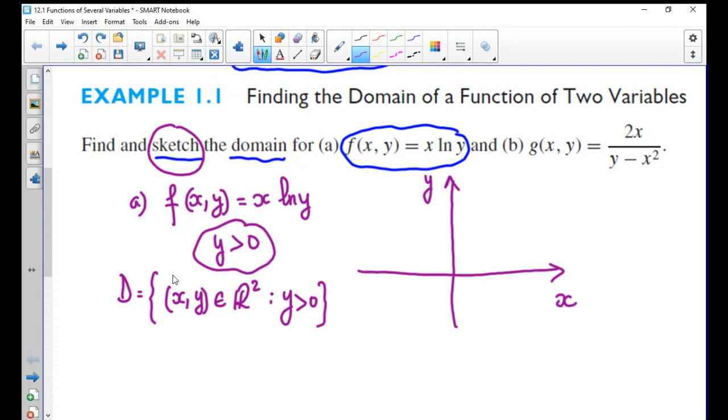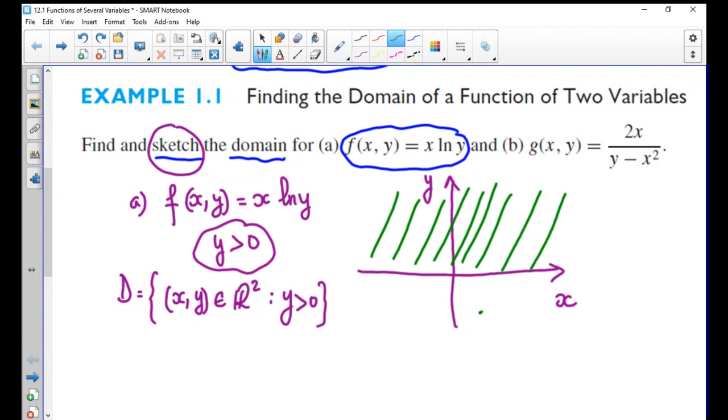I can write the domain like this: all xy belonging to the plane R2 such that y is greater than 0. What are these points? For example, if I take a point here, is it in the domain? No. Why not? Because y is negative. So really the domain is all of these points. So this is the region which represents the domain of this function a.